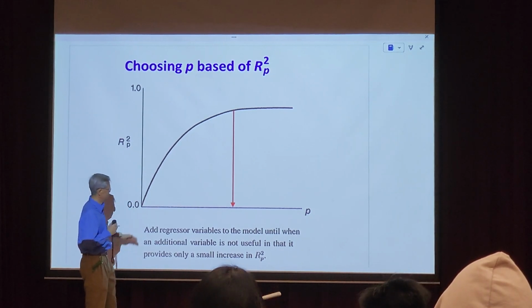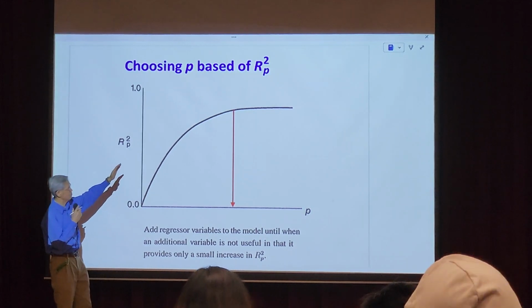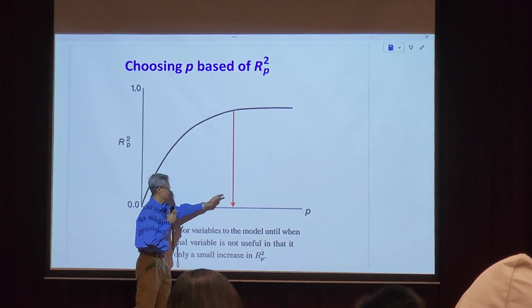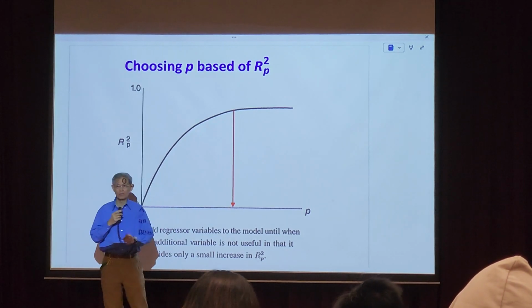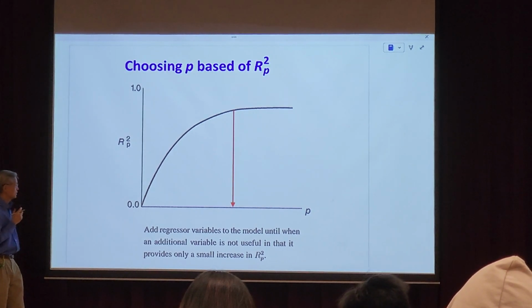In the beginning it will go up pretty sharply, but at some point in time, it will start to stabilize. And that point would be a good choice for the number of regressor variables.